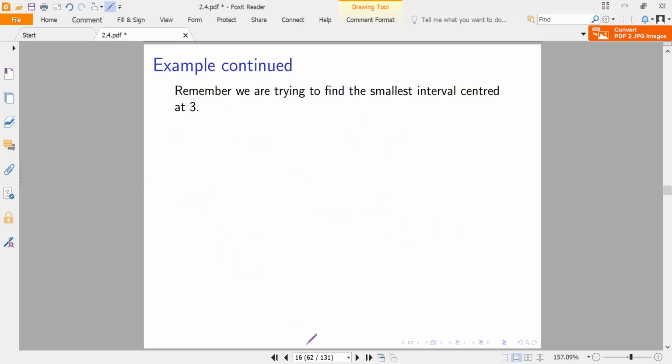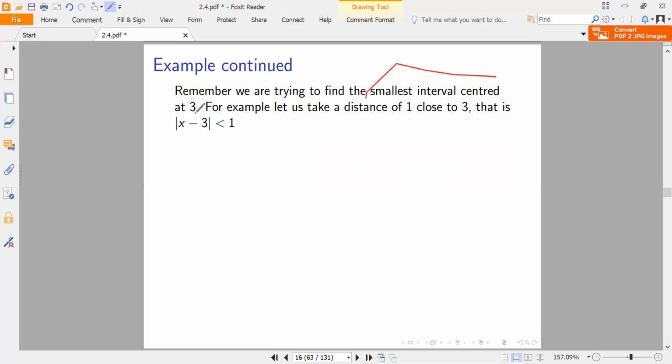So I think we can check to see if our choice was a good one. Remember, we're trying to find some smallest interval centered at 3. Let's take an example. If the absolute value of x minus 3 is less than 1, it means x minus 3 is less than 1 and greater than minus 1.